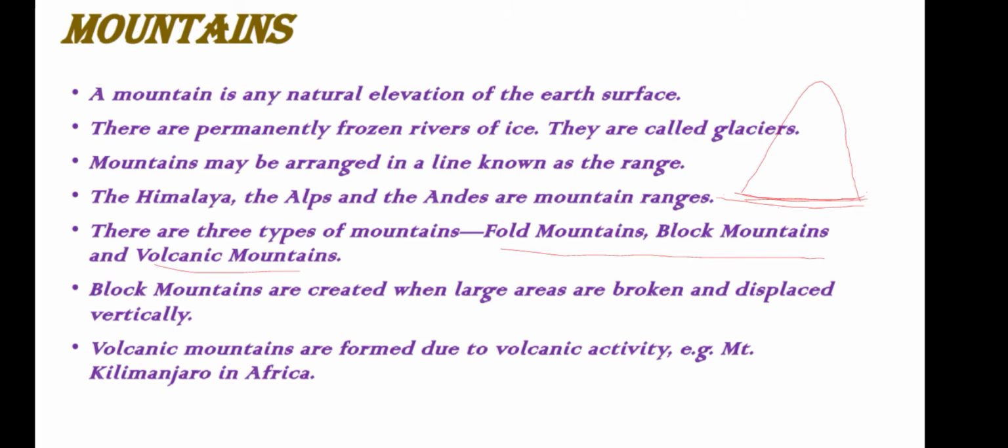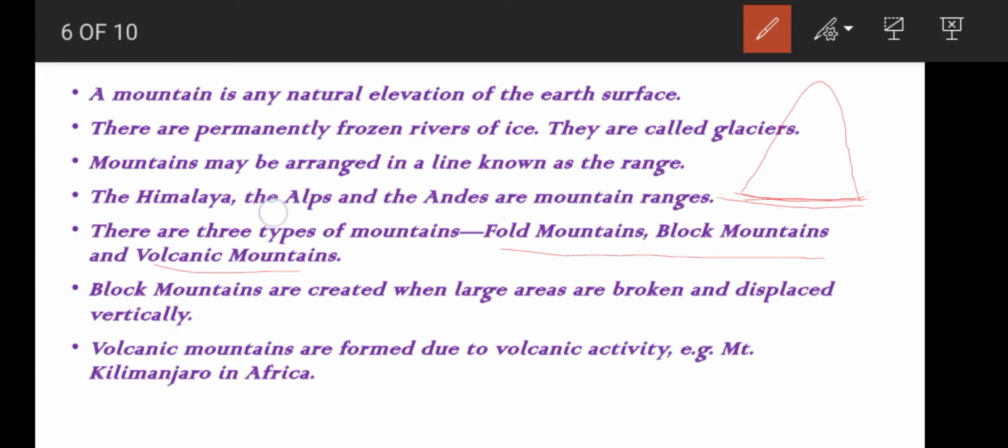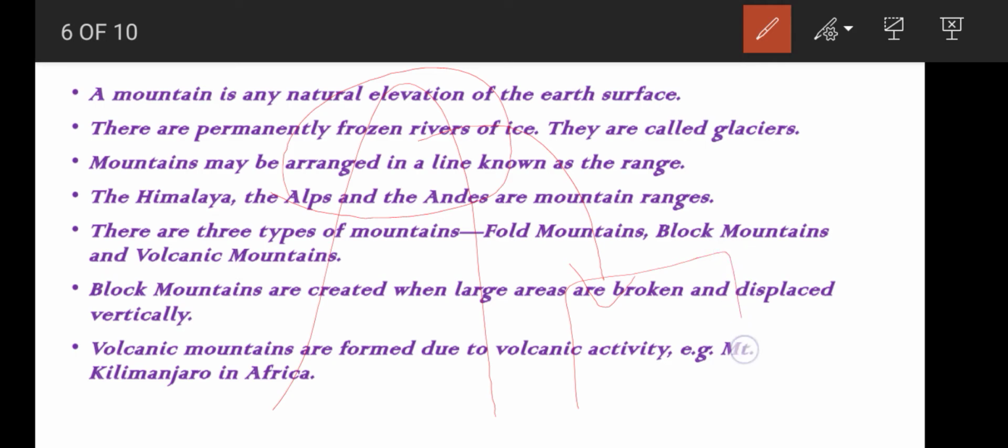The examples for fold mountains are Himalayas, Alps, Andes. We can give many examples for fold mountains. And the second comes block mountains. What is meant by block mountain? Listen here. If large portions of the mountain are broken down and displaced vertically, that is called a block mountain.